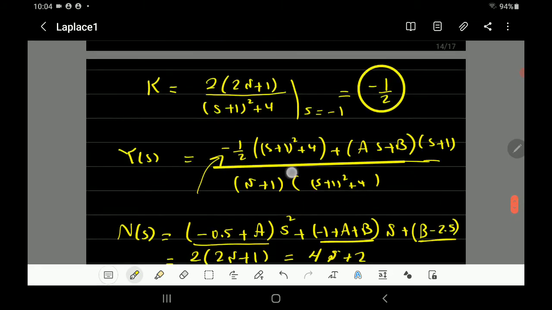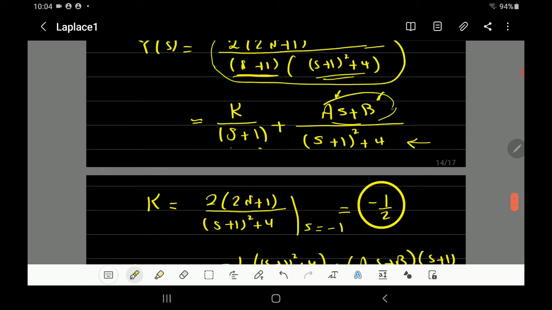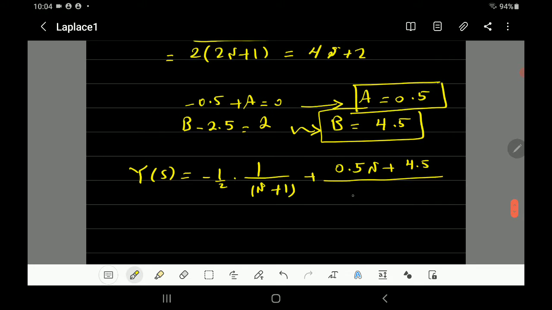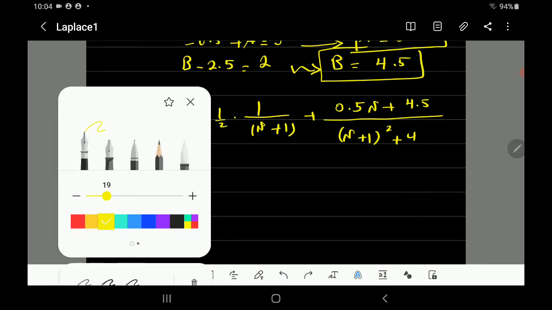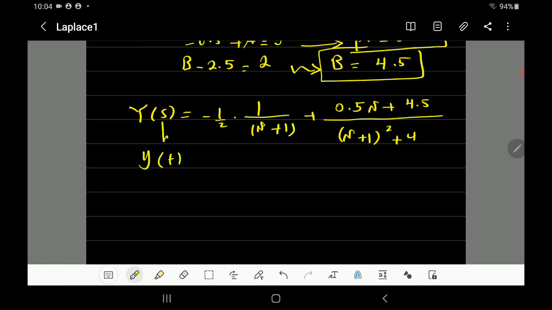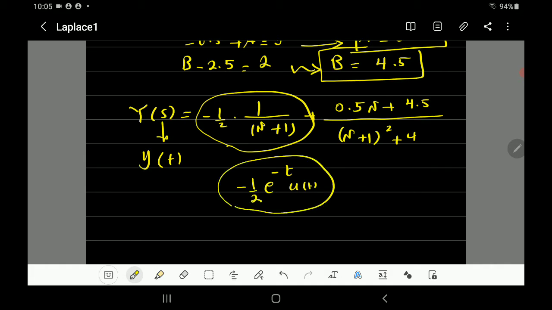I'm just substituting in this expression here, as plus b on the top, and you have (s plus 1) squared plus 4. Then the second step, you should find the inverse, y of t. So the first part is easy, because 1 over s plus 1 has inverse e to the power minus t, u of t, and the constant minus half, you have it here. So this part is done.